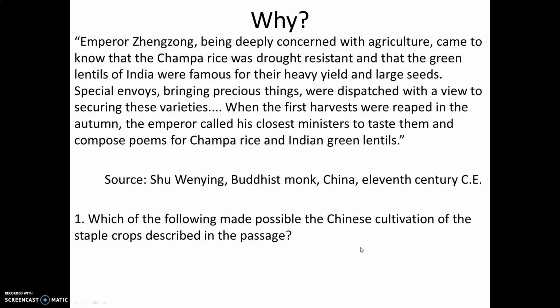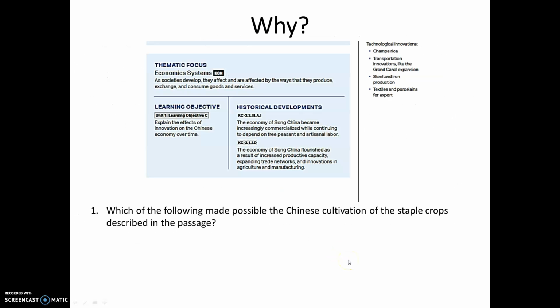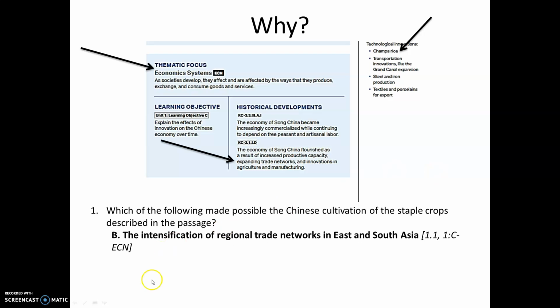All right, we'll do that one more time. Chinese cultivation of staple crops. Champa rice is an illustrative example that is found within the concept outline. So which of the following made possible the Chinese cultivation of the staple crops described in the passage? Well, it's B. Economic systems.